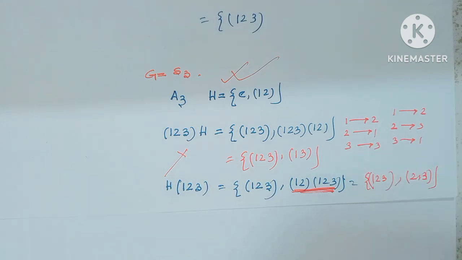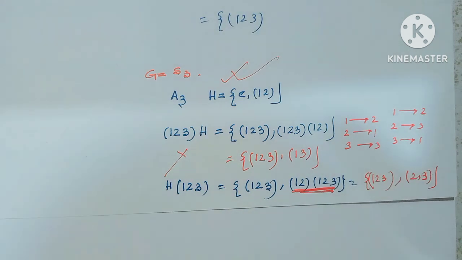That means when the group is abelian, then all subgroups are normal. But when the group is not abelian, then there may exist some subgroups which are normal, and there may also exist some subgroups which are not normal. I hope all my viewers have understood this clearly.